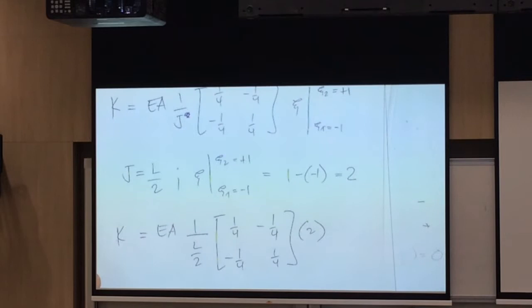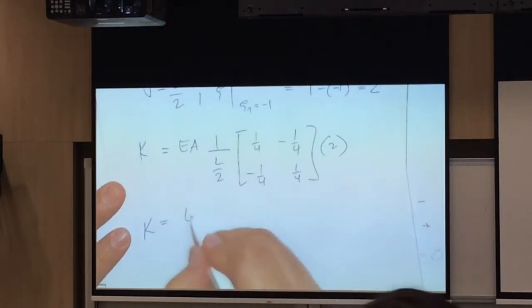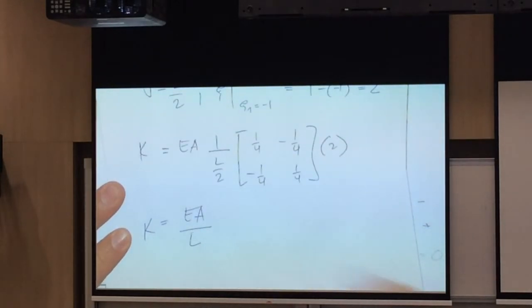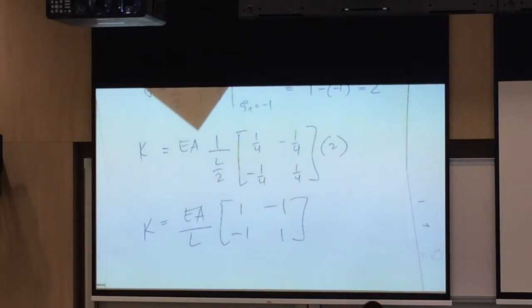Right? This goes up. 2 multiplied by 2 is 4, divided by 4 is 1. So we get K equal to EA all over L, 1 minus 1 minus 1 and 1. Finally. Good?